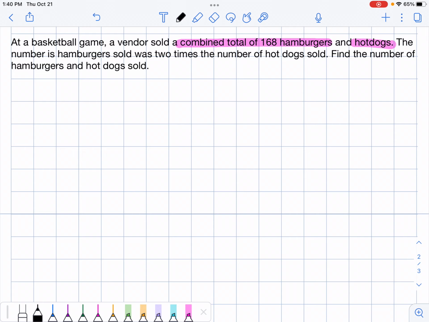Now like I said, I usually like to use the letters that go along with this, but for hamburgers and hot dogs, we're going to call it B for burgers instead of hamburgers. So this is the number of burgers sold, and we're going to call it H for hot dogs.